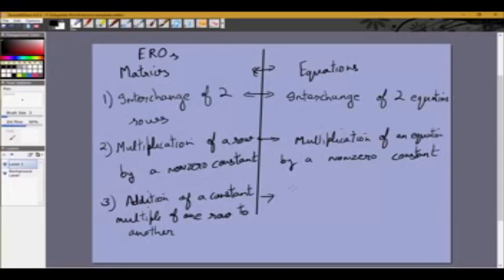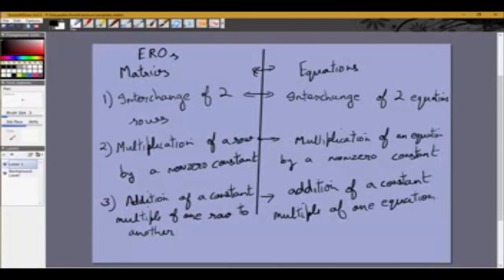And that corresponds to, you guessed it, addition of a constant multiple of one equation to each other. Right? Now doing this, you can actually get a new linear system of equations.